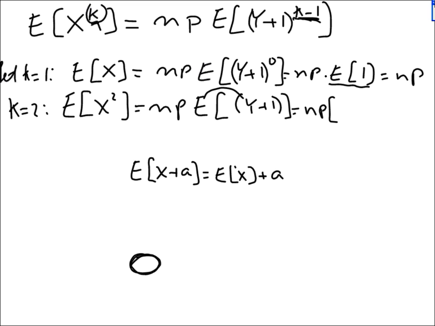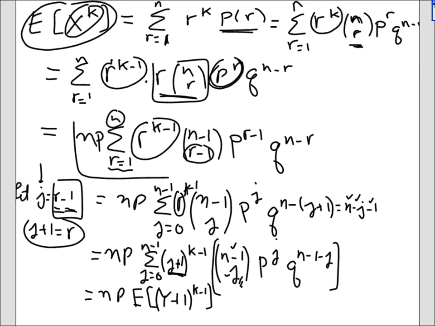Earlier, the largest value j can be is n minus 1. So E of y is, quote, the n value, the upper limit. You have to start at 0, and you go to that upper limit and multiply it by p.